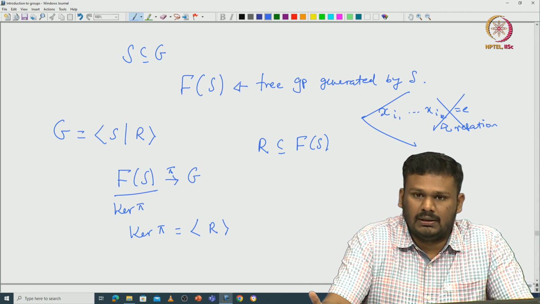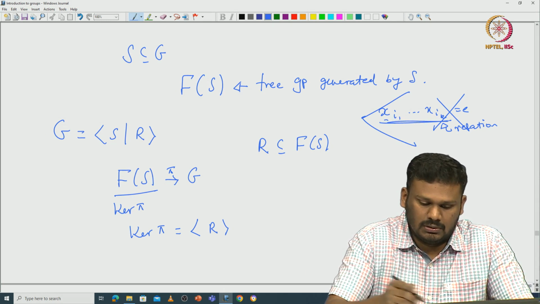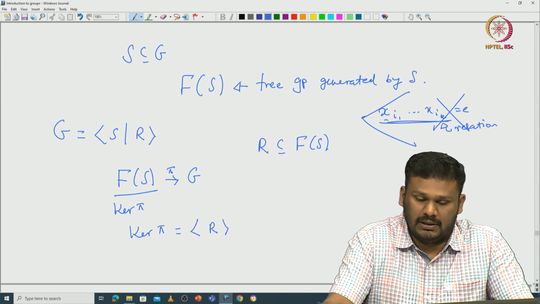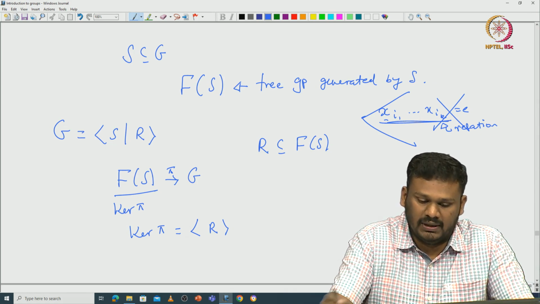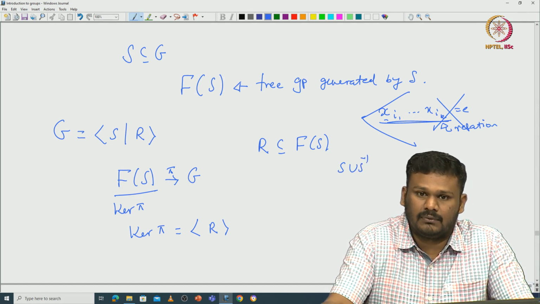Any element of capital F(S) can be viewed as a word in S union S inverse.